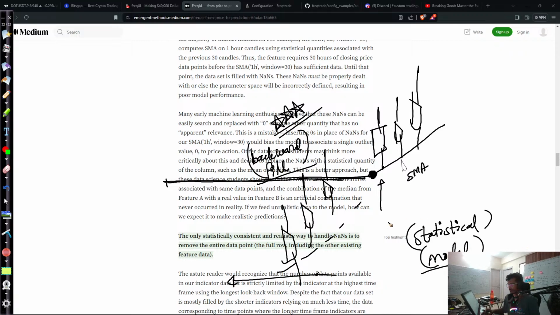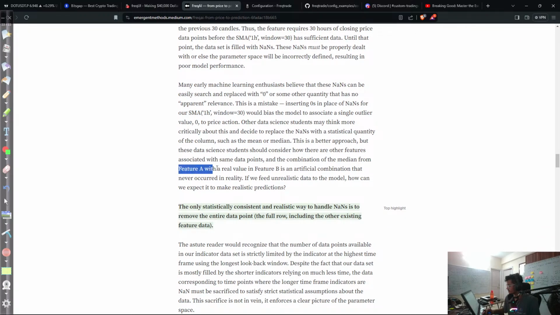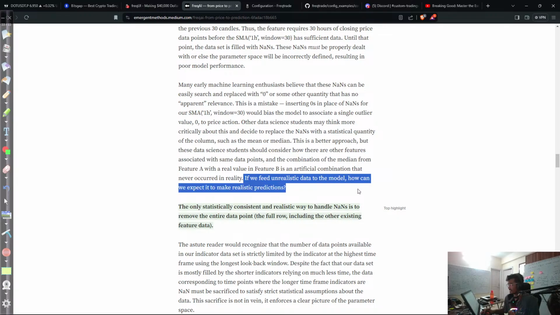Okay. All right, so let's continue. What they are saying now is the combination of the median from feature A with a real value in feature B is an artificial combination that never occurred in reality. So if we feed that unrealistic data to the model, how can we expect it to make realistic predictions?